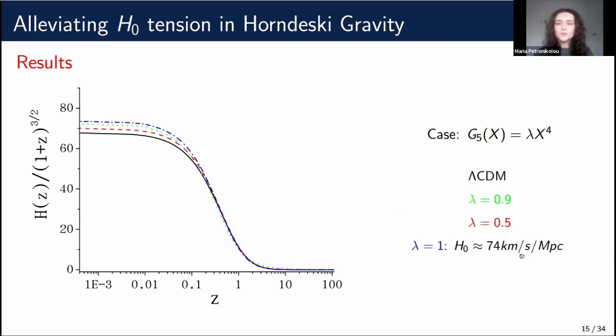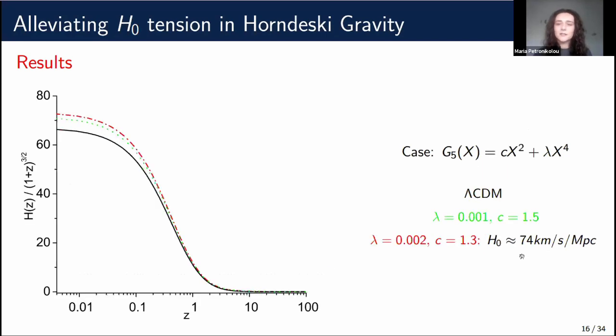For the second class we constructed, with G5 having a quartic dependence on the kinetic term, we see again almost the same behavior as the previous model. And again, at the late universe, we have an alleviation of the tension, specifically for the lambda parameter value equal to 1, we get the H naught close to 74 kilometers per second per megaparsec.